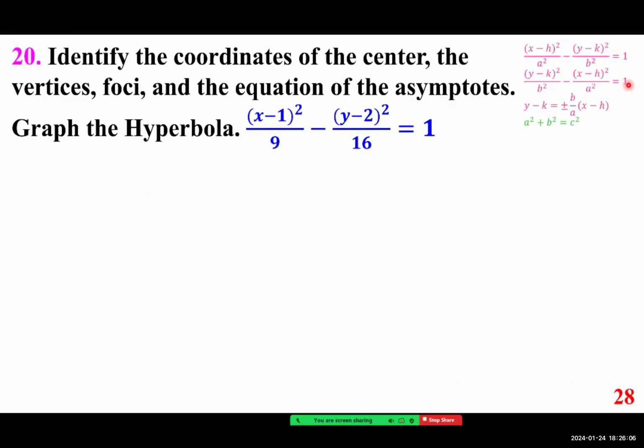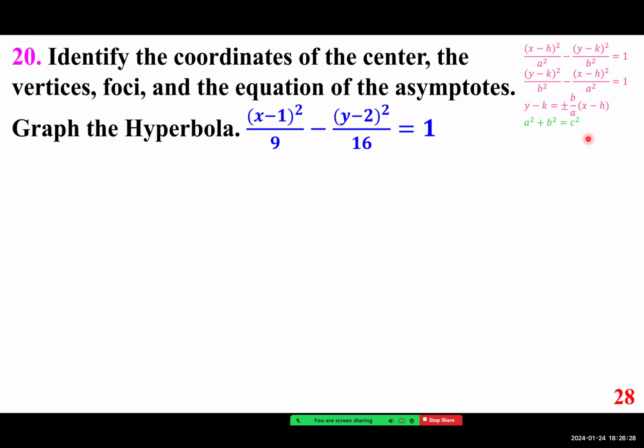Recall it was y equals plus or minus b over a times x, so it has shifted by k and h. You do exactly the same thing: you put the minus k next to y and the minus h next to x, and those are the equations of the asymptotes. A squared plus b squared equals c squared does not change.